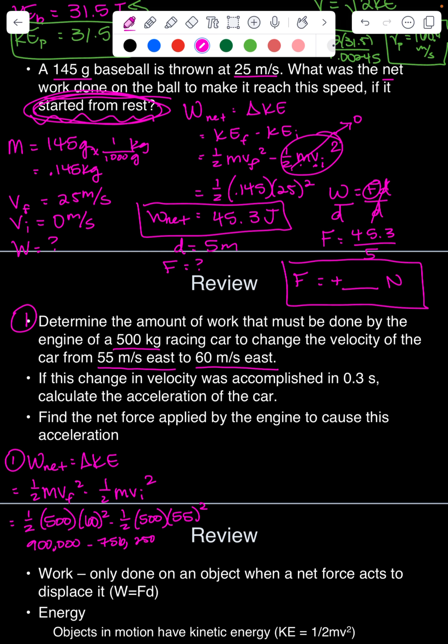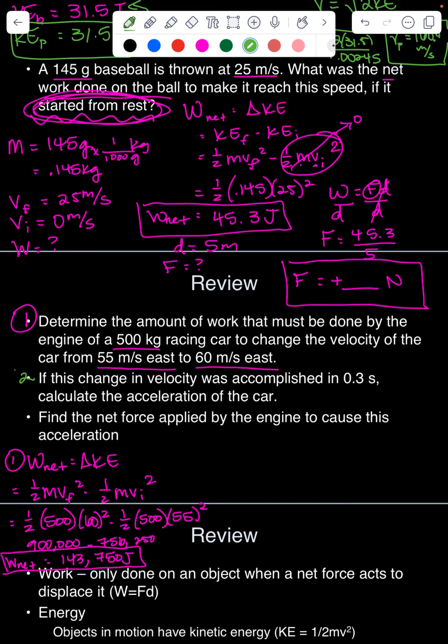So we subtract those. The net work done by the engine of this car to increase that velocity from 55 to 60 is a whopping 143,750 joules of work. All right, woohoo, yay.